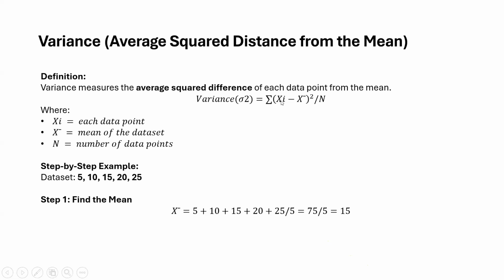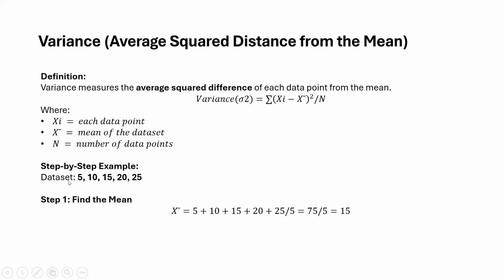It's the same thing. How do we calculate it? It's the summation of the value minus the mean, squared, divided by the total number of elements. Here xi represents each data point, x bar represents the mean of your data set, and n is the total number of data points. So we will see this step by step.